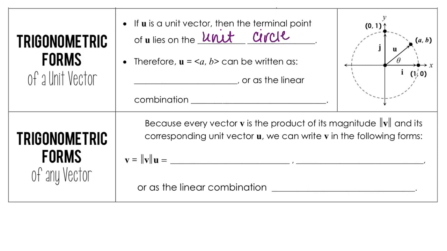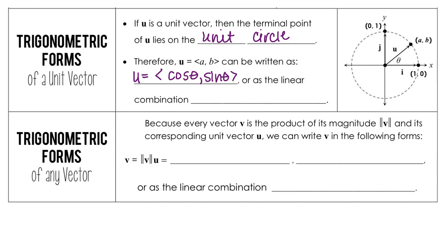And therefore, vector u in component form <a, b> can really be written, and this is taking us back to that unit circle, as <cosine theta, sine theta>.